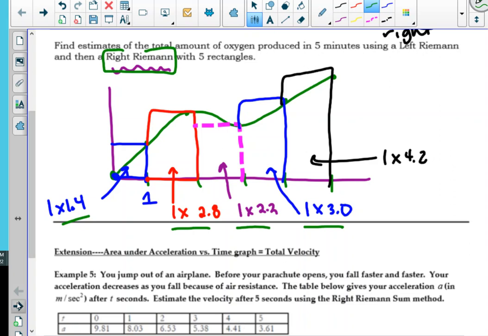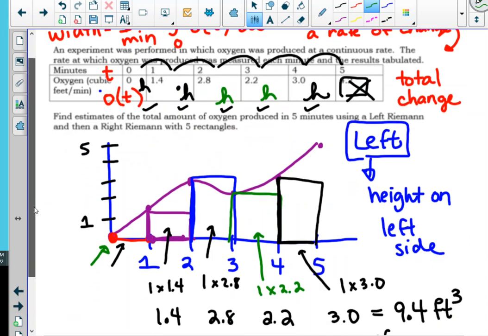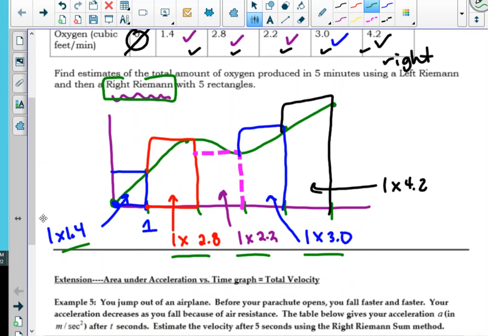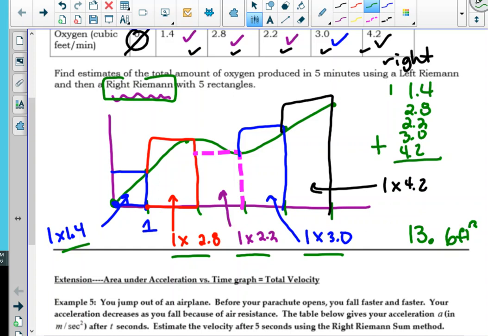So when I put the 1.4, the 2.8, the 2.2, the 3.0, and the 4.2 all together, I get 13.6, and that's still cubic feet of oxygen over the 5 minutes.